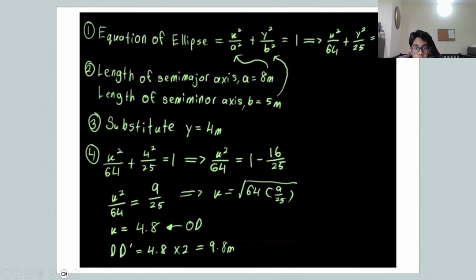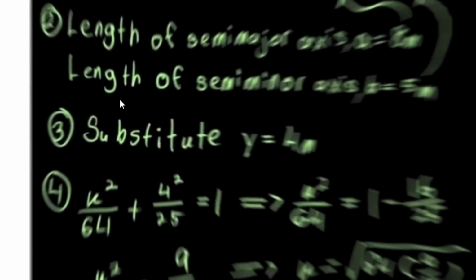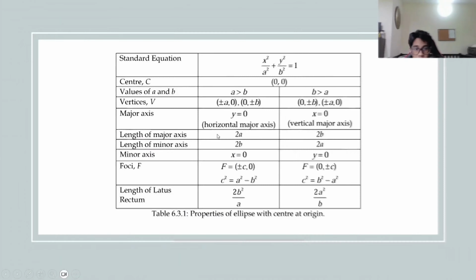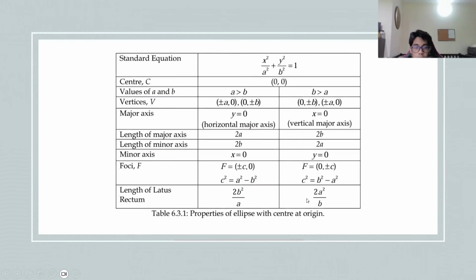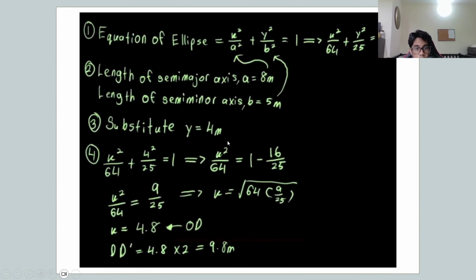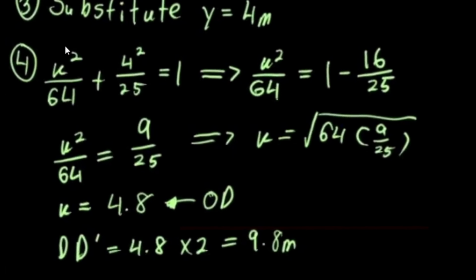So then once we've gotten that, we can just substitute the value of y equals 4 meters, which is at point E actually, 4 meters. So we're trying to find the value of x, so we just substitute y as 4 meters. Then we'll end up with x squared over 900 plus 4 squared over 25 equals 1.